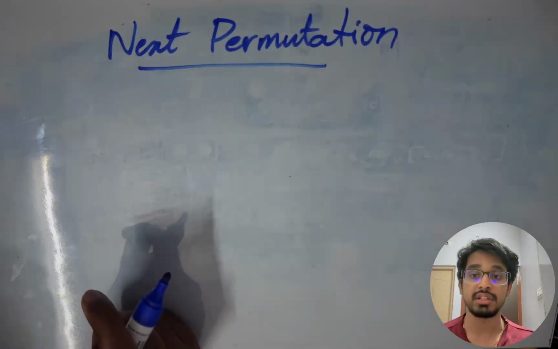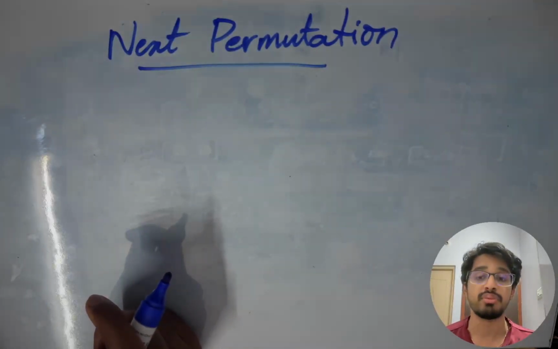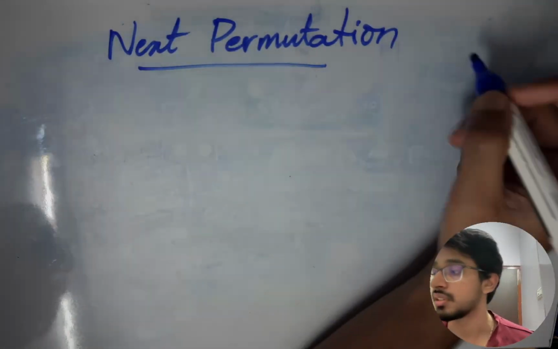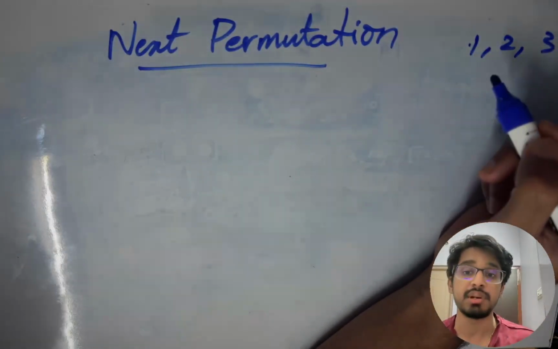So there are actually 3 elements in the array. What are the possible permutations that can be formed within these 3? Let me just consider 1 2 and 3. What is the next permutation of this?